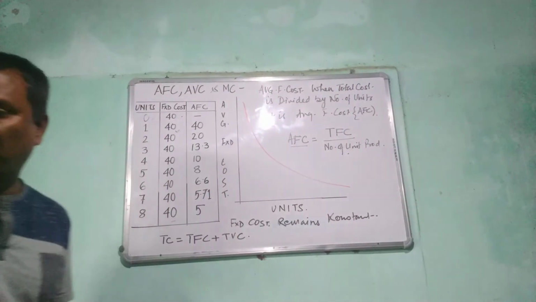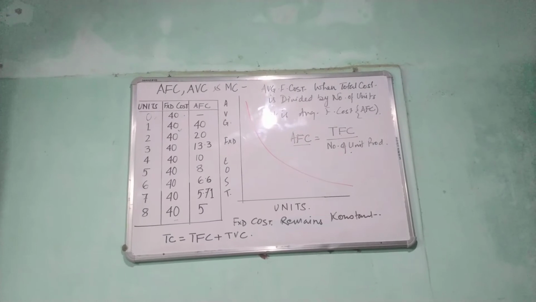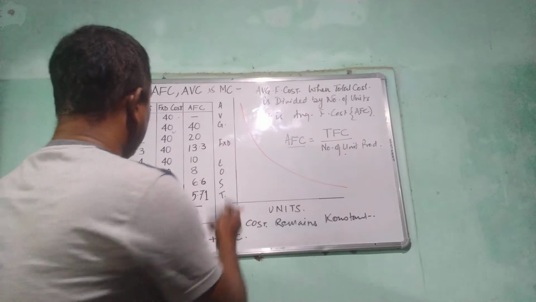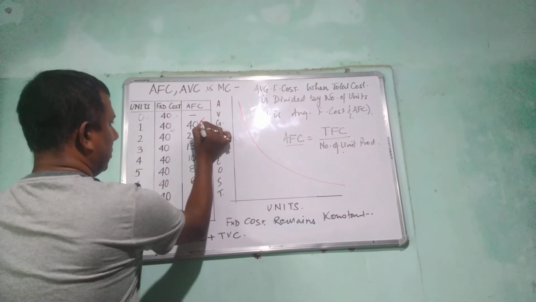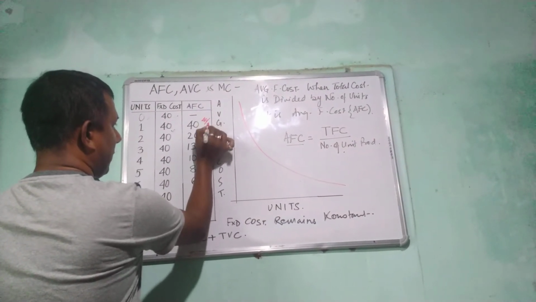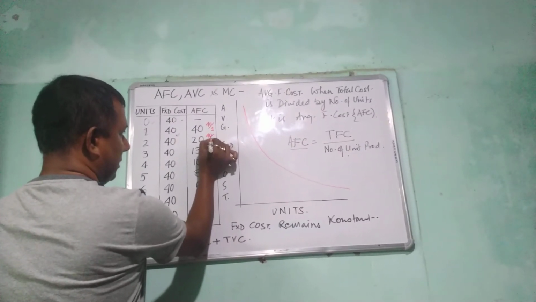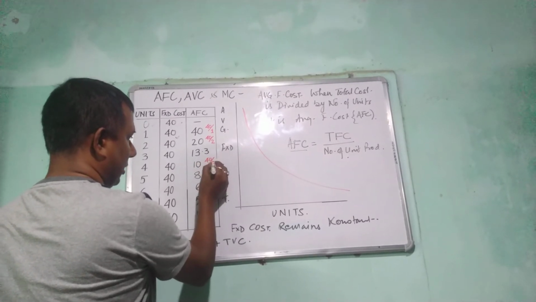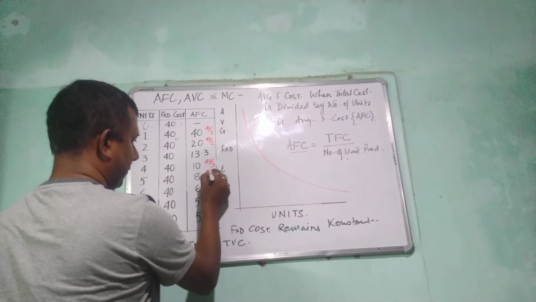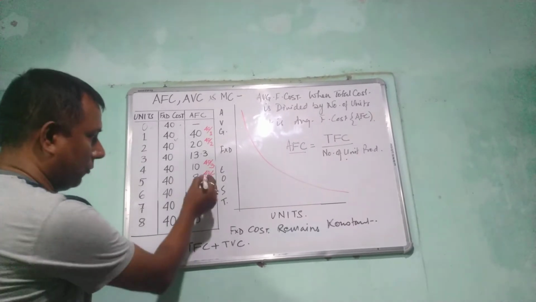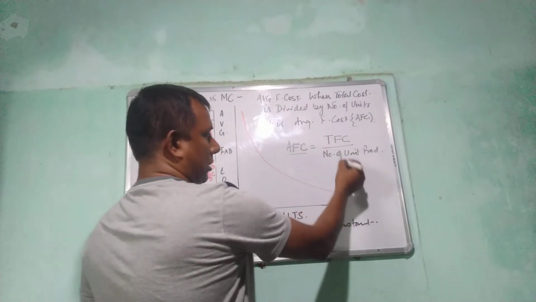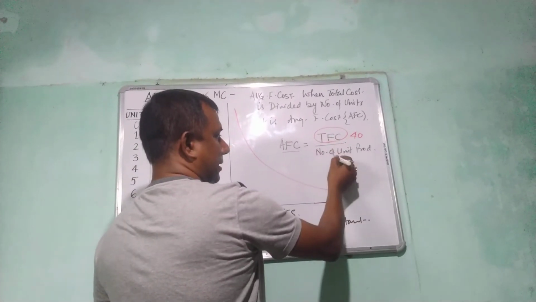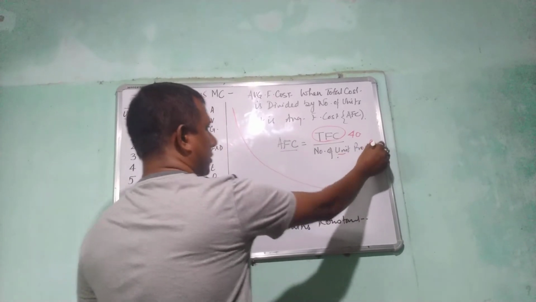I am doing it with the red pen: 40 divided by 1, 40 divided by 2, and in this way 40 divided by 3, 40 divided by 5. This is how we work with the number of units. The total fixed cost is always this 40, it is constant, and the number of units goes on increasing.